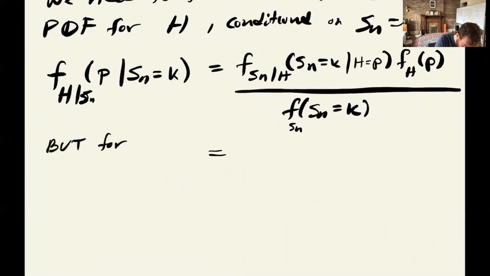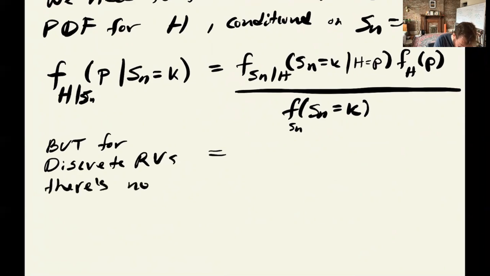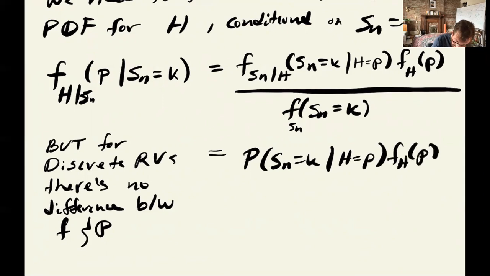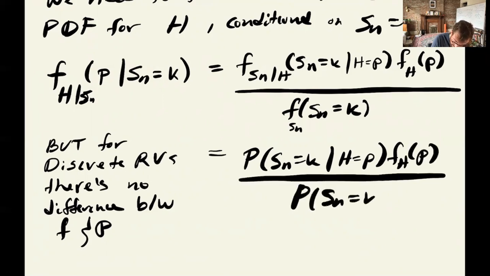But for discrete random variables, there's no difference between f and p. So this ends up looking like the probability that Sn equals k conditioned on the assumption that h equals p, times the PDF for h, divided by the probability that Sn equals k.